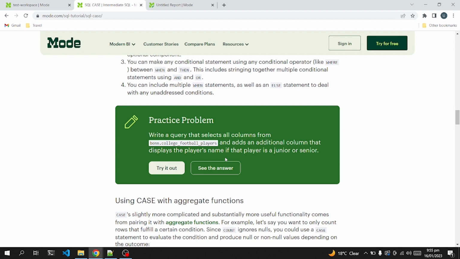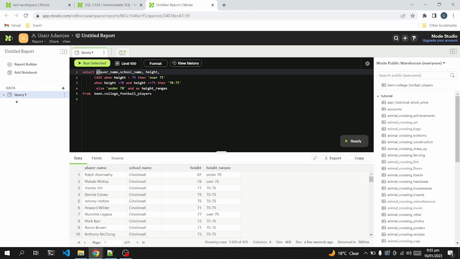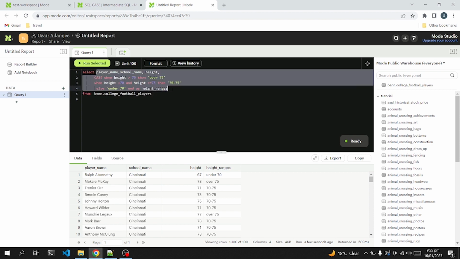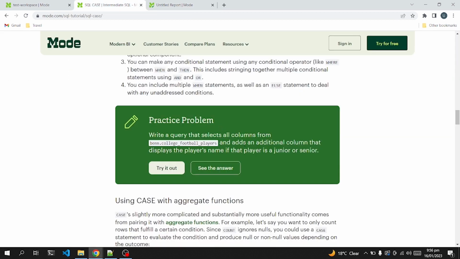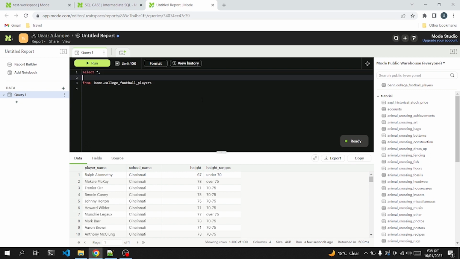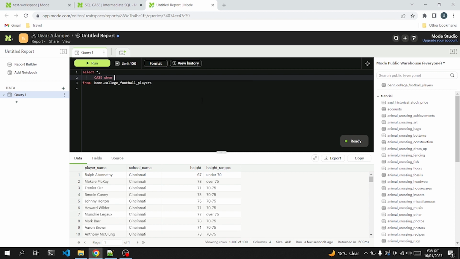In this query, we have to select all the columns. Let's first select all the columns, select everything, comma. Now write a case statement that adds an additional column that displays the player name if that player is a JR or SR, which means junior or senior. So select, and create another column using case when year in, since it's two values, so we can just give it two values.